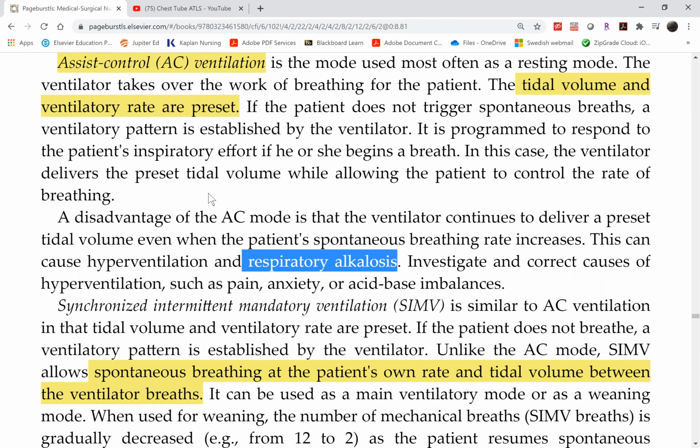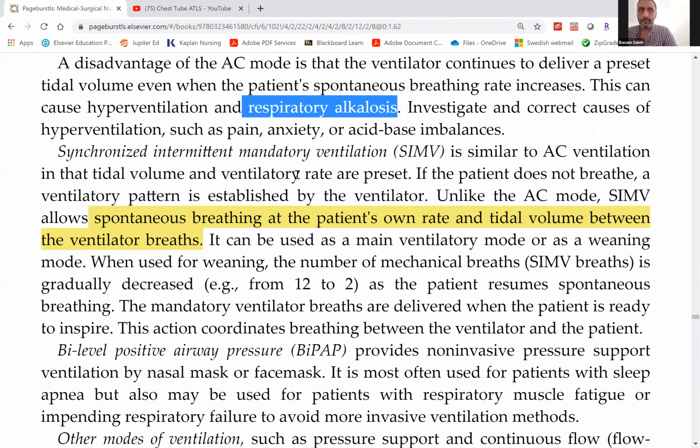Okay, it's just not safe. So if they really believe that the patient is breathing more and these breaths are what's causing the respiratory alkalosis, then they'll put them on SIMV. Obviously, the patient's better, we can start putting them on SIMV.